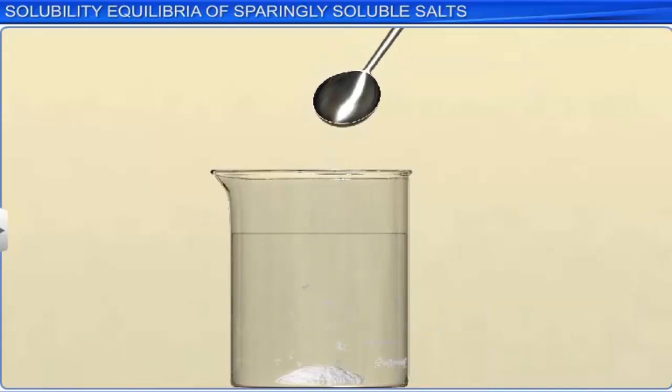The common ion effect is used for the complete precipitation of one of the ions as its sparingly soluble salt with a very low value of solubility product for gravimetric estimation.